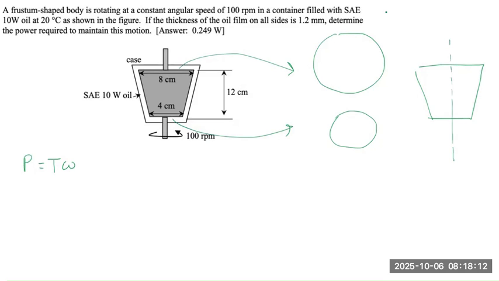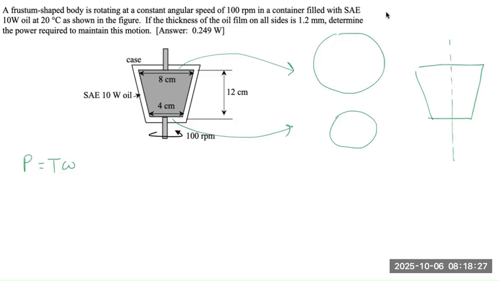As we just mentioned, there will be a torque acting on the object as a result of viscous forces applied by the oil on the top, bottom, and sides of the object.